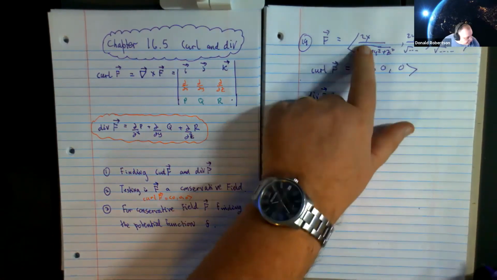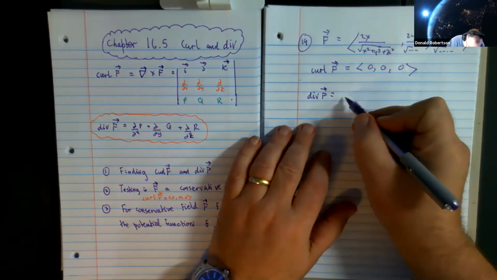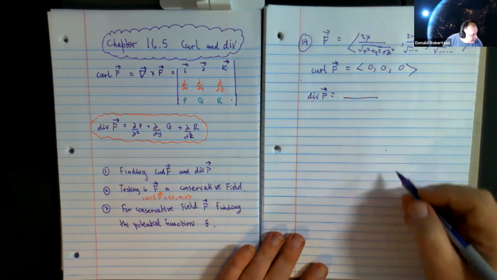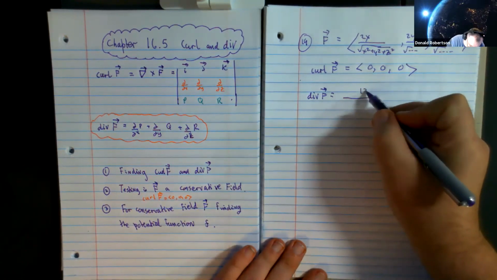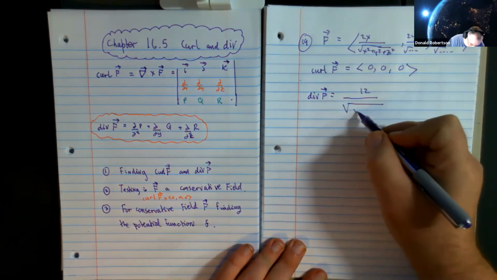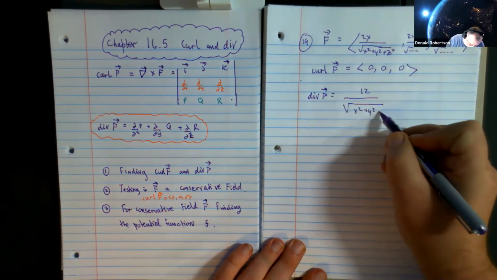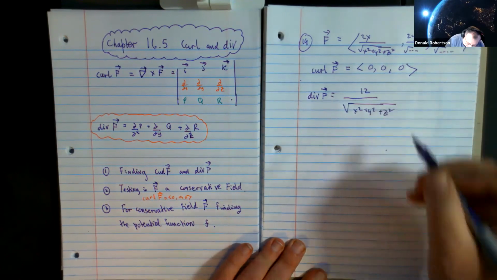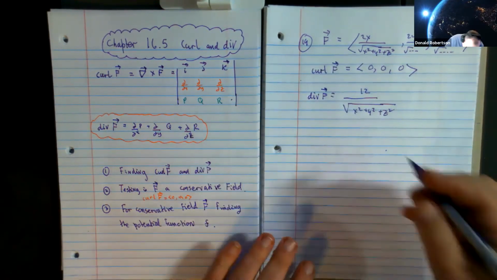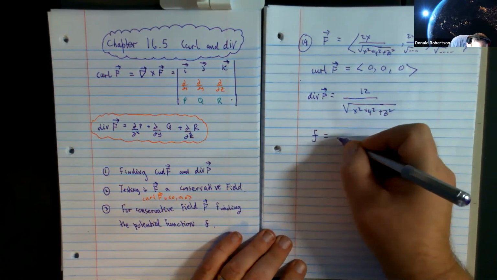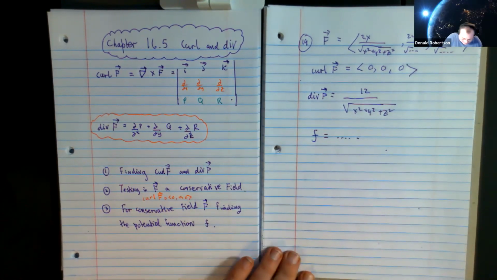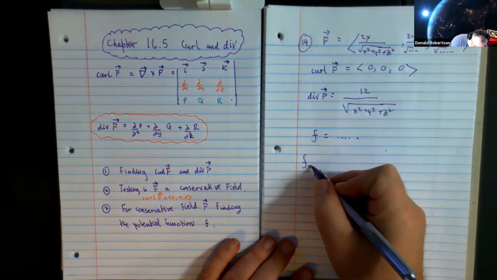And if you do the div of this thing, you will end up with 12 over x squared plus y squared plus z squared. Now, the reason I'm just telling you that one is I do not want to find f. Let me show you the problem.